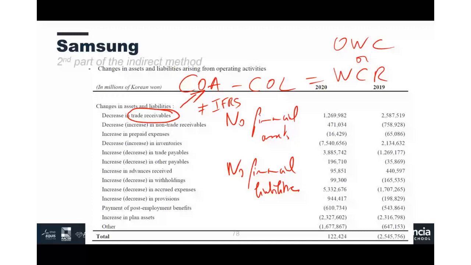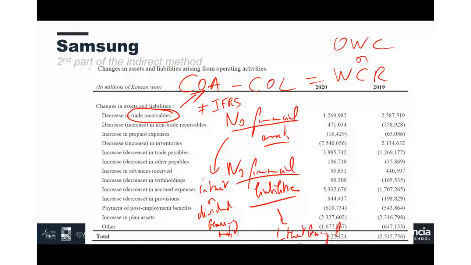What we name financial assets here are interest bearing assets, and here interest bearing liabilities.